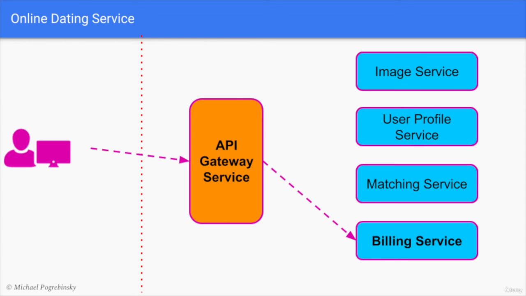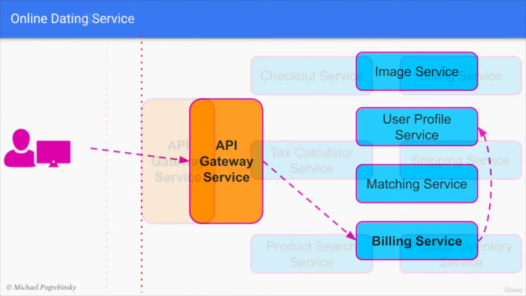And of course, whenever the user wants to purchase additional services, they can be directed to the billing service, which in turn may contact the user profile service to unlock certain features for that particular user.